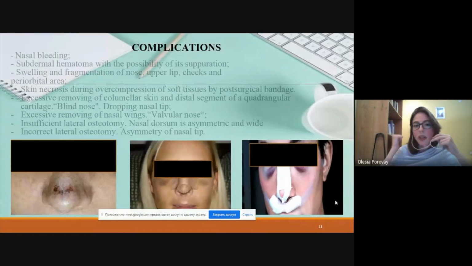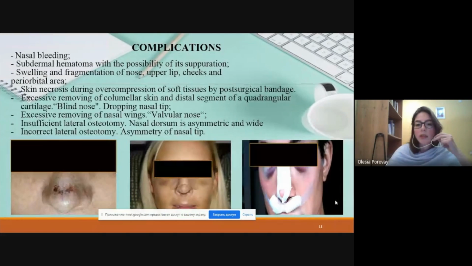Complications. Now you can see a list of complications. The first are typical for open rhinoplasty, such as nasal bleeding, subdermal hematoma, swelling, and skin necrosis.